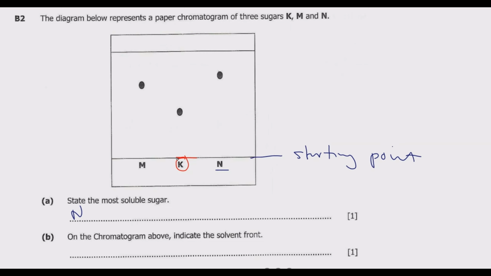So when you look at the diagram that we are given, this paper you are seeing is known as the thin layer chromatography plate. So now the plate has got 2 key points. So this is the starting point or the origin.